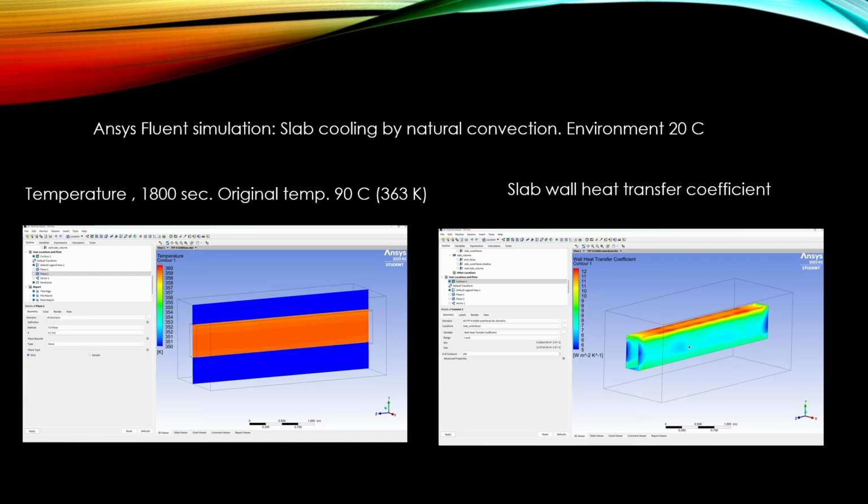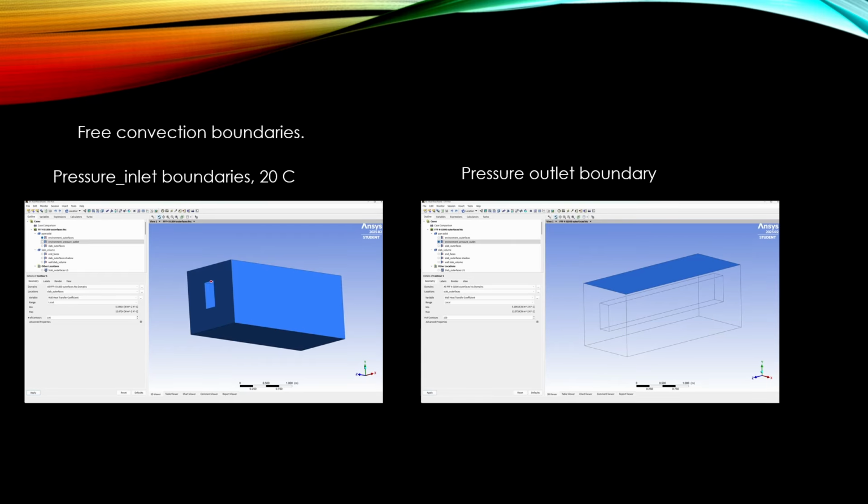So in this case, when we have only natural convection, the heat transfer coefficient is very small, and I used pressure inlet boundaries for the environment around the slab, and a pressure outlet boundary above the slab.